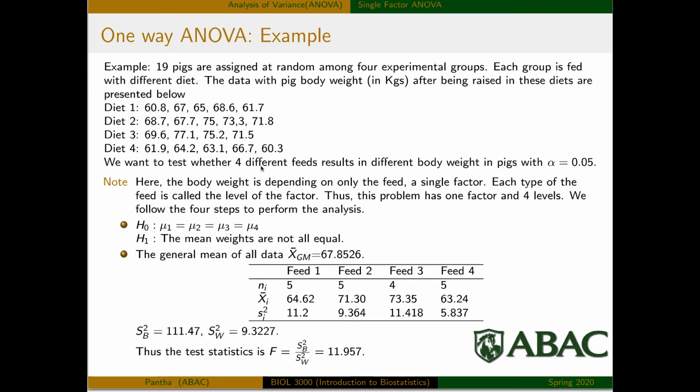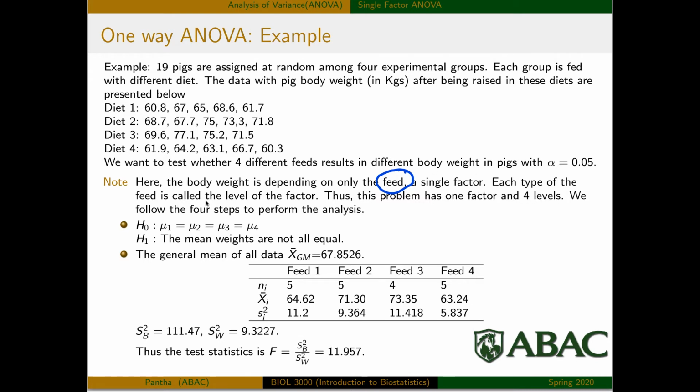We want to test whether 4 different feeds or diets result in different body weight in pigs with alpha equal to 0.05. So basically we are comparing the mean body weight of the 4 samples. Note, here the body weight depends on only one factor, that is feed, a single factor.